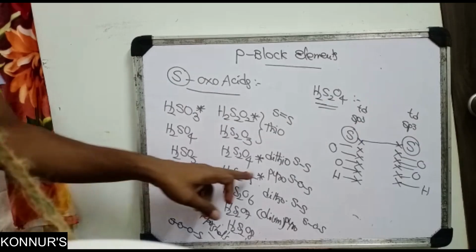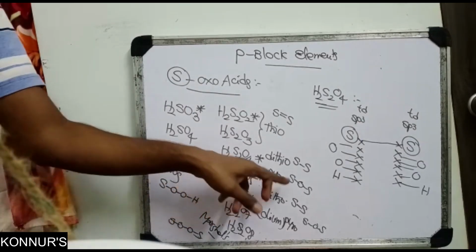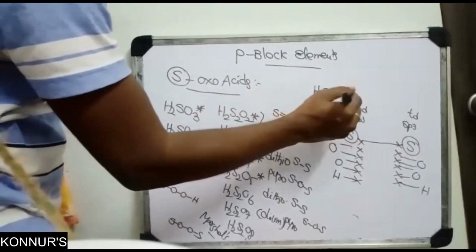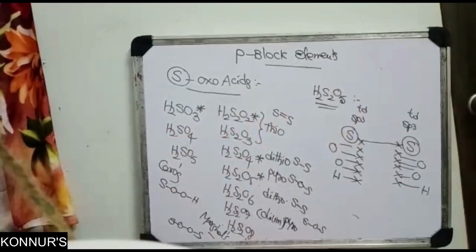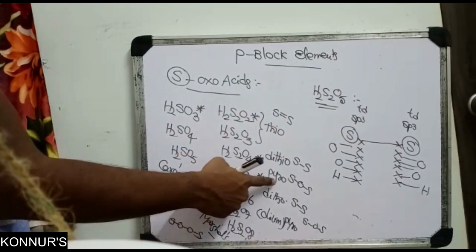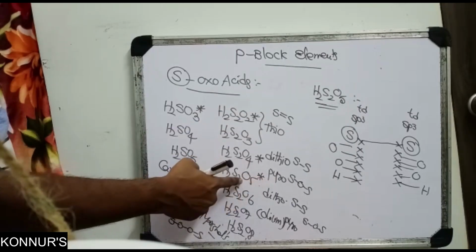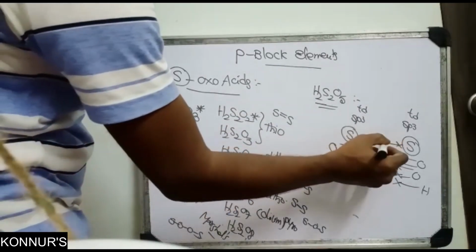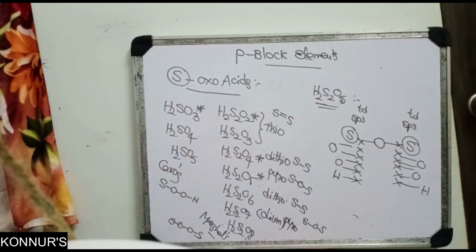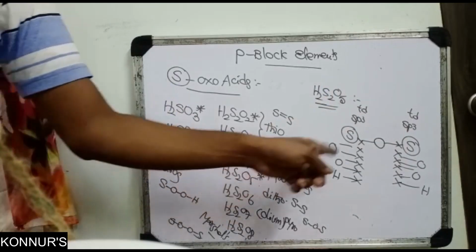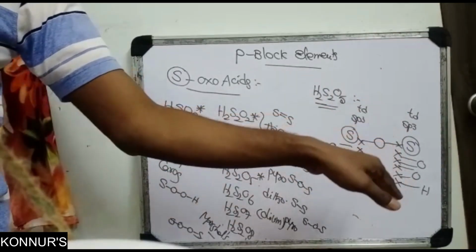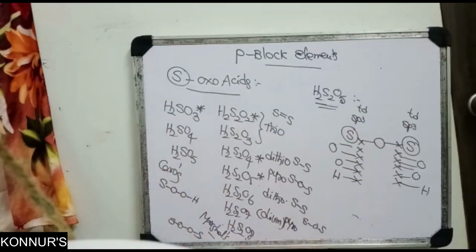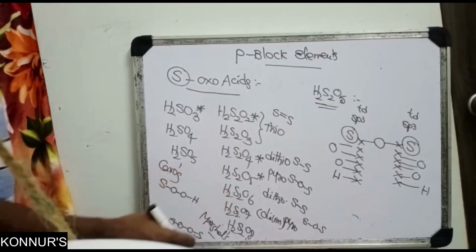Next, pyro. H2S2O5, pyrosulfurous. So here in between the two sulfurs you put an oxygen. As an ous acid, more than one structure is possible, but it is unstable. Next, H2S2O6.